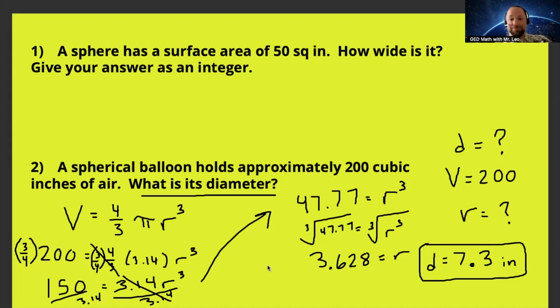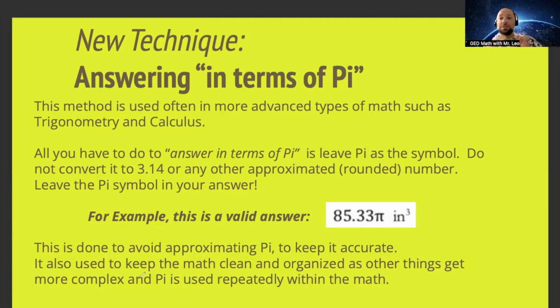All right. Now, what I want to show you now is a new technique, a new way of dealing with pi that you're going to see on the GED and is seen in a lot of higher level math as well. This new technique is called answering in terms of pi.